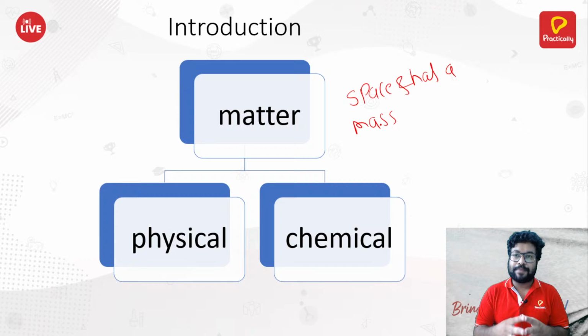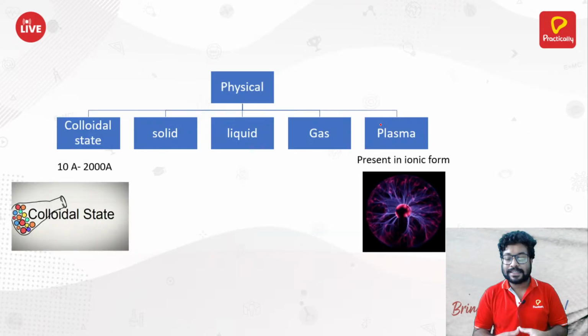What about liquids? For a liquid, you have a definite volume but not a definite shape. A liquid will adopt the shape of the container in which you put it. What about gas? Gas has neither definite shape nor volume.